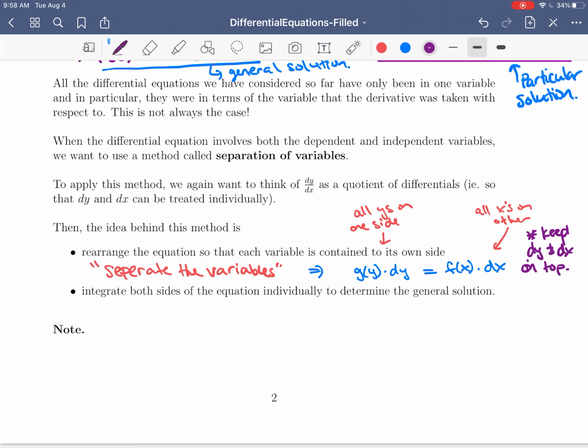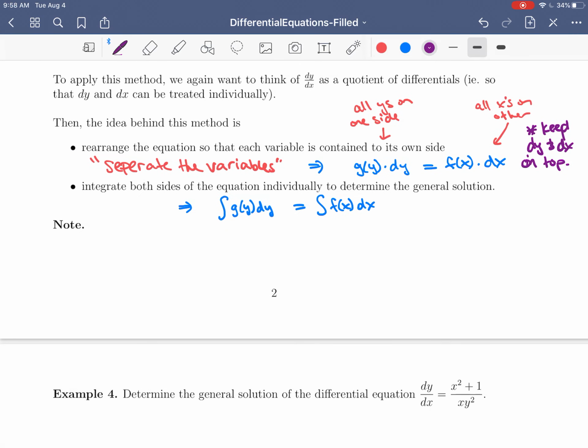Okay, you want it to be times those things. So just be careful. And then what we're going to do is integrate both sides. Okay, so once you have them separated, we're just going to take the indefinite integral of each. So on one side, we're taking it with respect to y, and on the other side, we're taking it with respect to x. Okay, and that's how we're going to solve these equations.